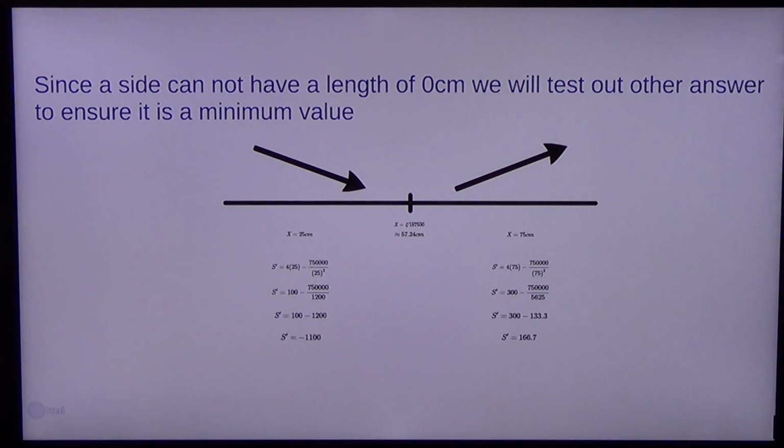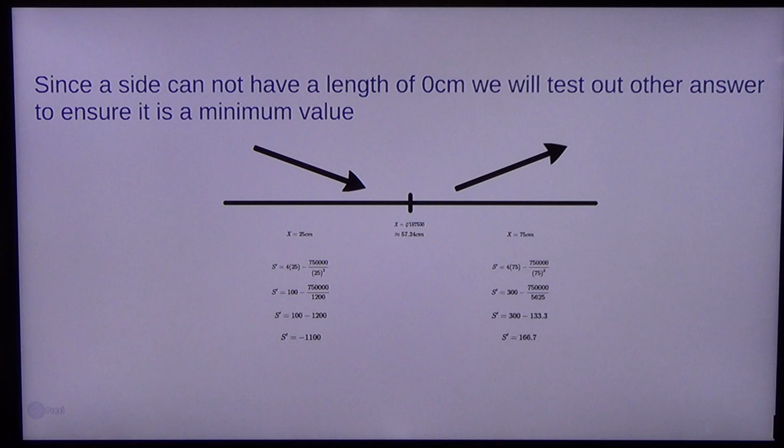We'll move on to actually check this with our critical answers and make sure that this is the minimum, which is what we were looking for in this box. Since one of our answers was 0, we cannot have a width of 0 for this box.